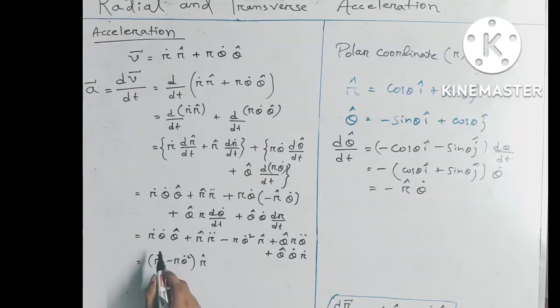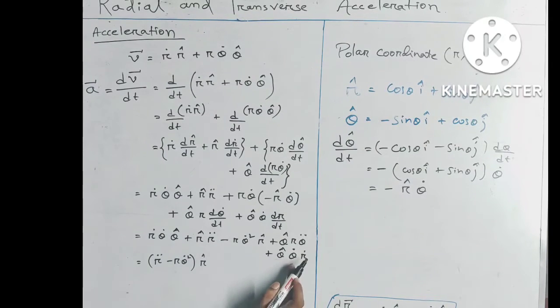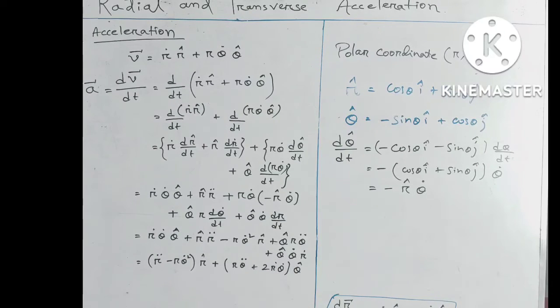Then for theta cap, this term and this term are both the same, so we get 2 r dot theta dot plus r theta double dot, plus 2 r dot theta dot theta cap, because r dot theta dot and plus r dot theta dot give 2 r dot theta dot.